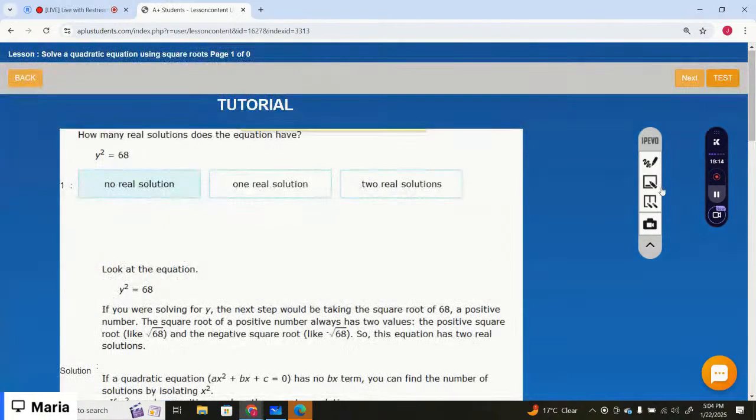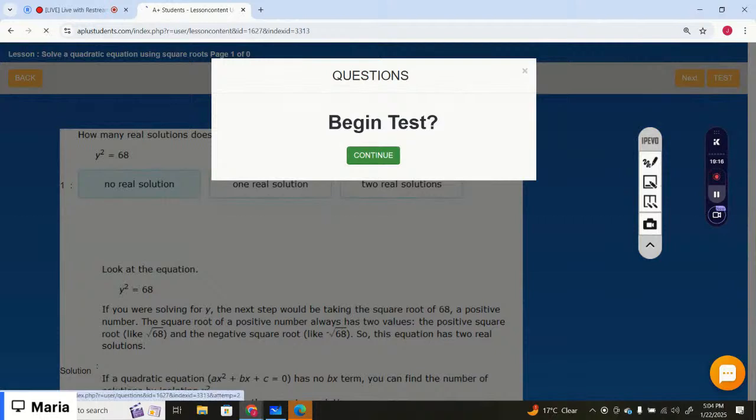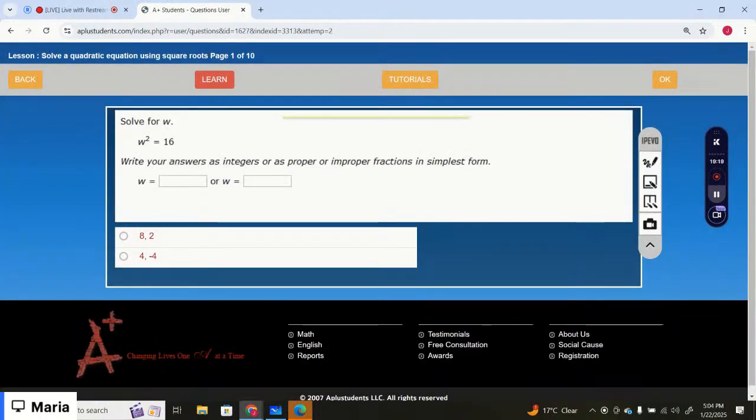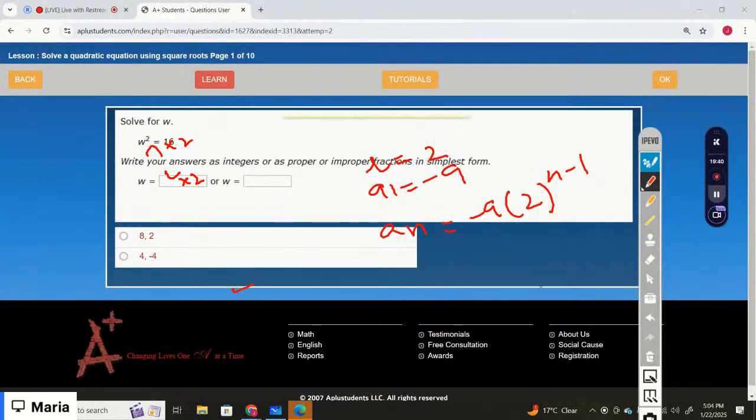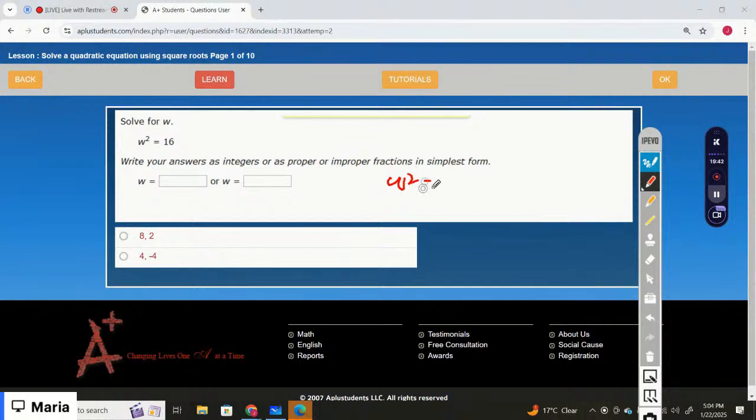Let's just start with the test questions. Solve for w square. W square equals 16. So let's just square root both sides, right? W square equals 16.